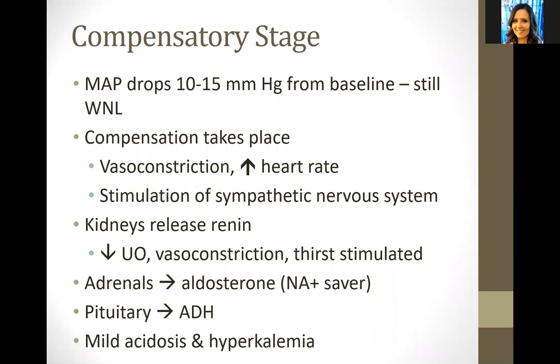This is one reason why we trend our vital signs to see a decline in our blood pressure or a decline in our MAP. You will also see the pulse pressure narrow. So remember when we talked about increased ICP, you had a widening pulse pressure. Well, here your pulse pressure is narrowing. So your systolic blood pressure is lowering and your diastolic is either remaining the same or increasing.